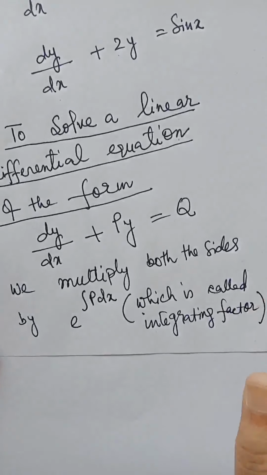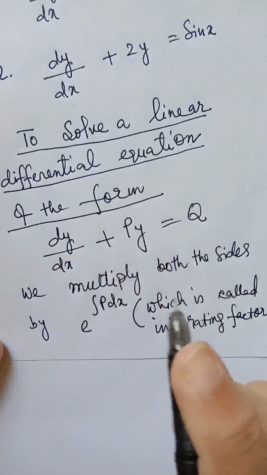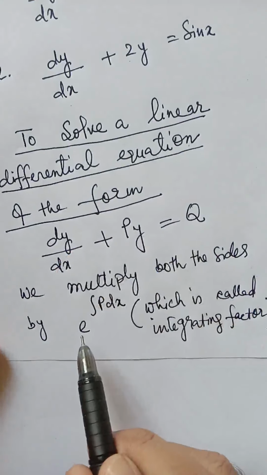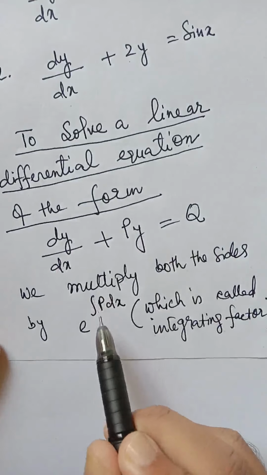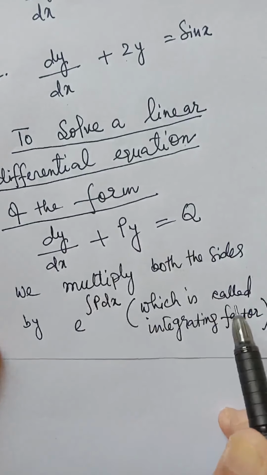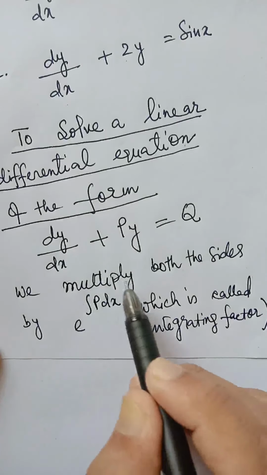To solve a linear differential equation of this type, we multiply both the sides by e to the power integration of p dx, this is called the integrating factor.